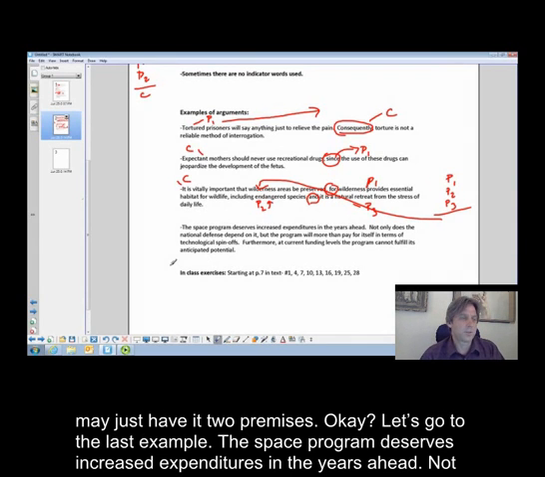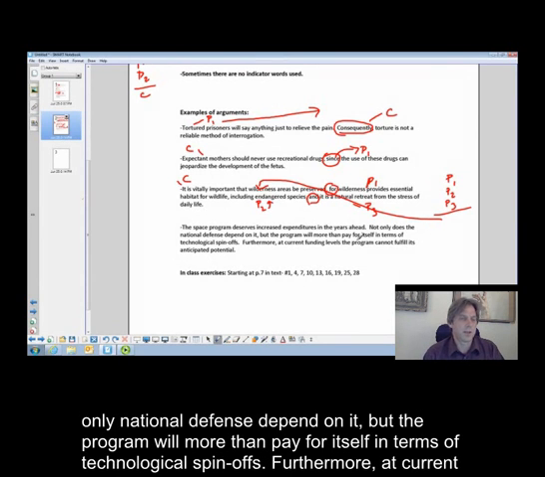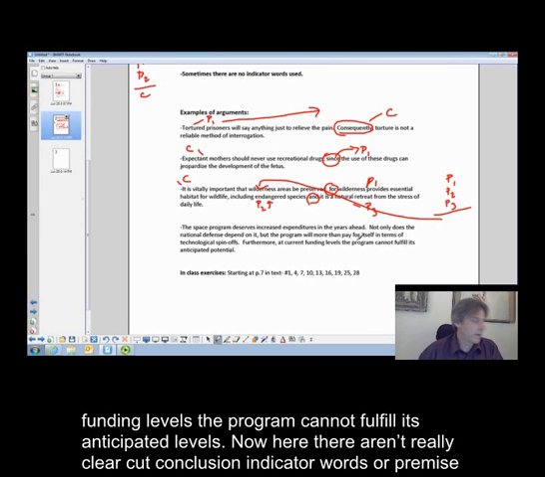The space program deserves increased expenditures in the years ahead. Not only does the national defense depend on it, but the program will more than pay for itself in terms of technological spin-offs. Furthermore, at current funding levels, the program cannot fulfill its anticipated levels.